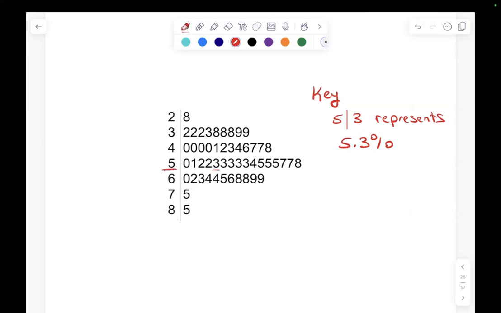That would be 5.3, because look at how many times I have 5.3. Looks like I have that one more than anyone else. We'll get to mode in a minute, but it'll have you read these. Okay. Questions on stem and leaf plots before I leave them in my dust?